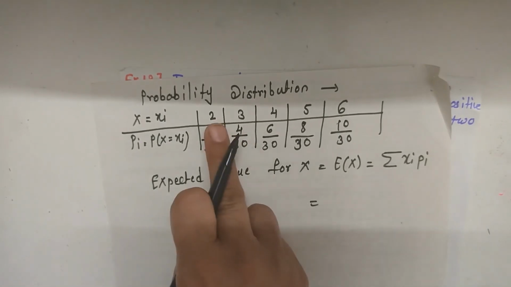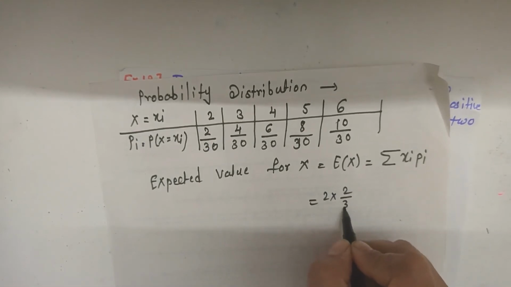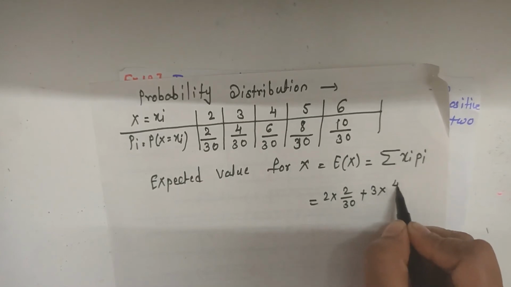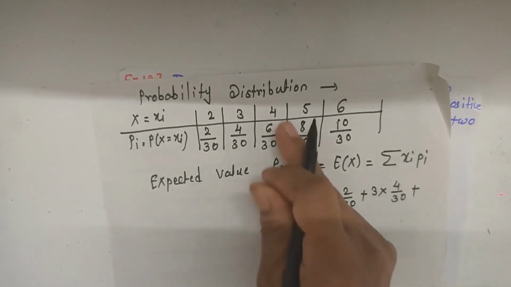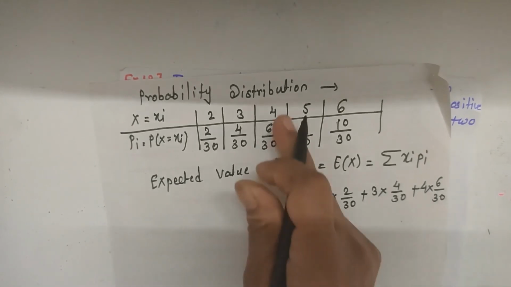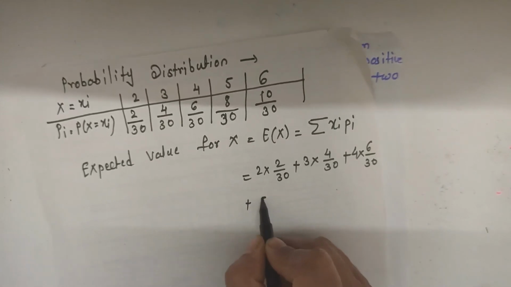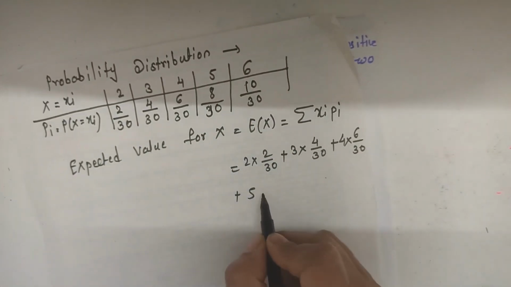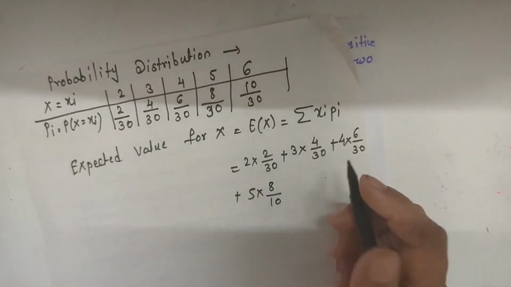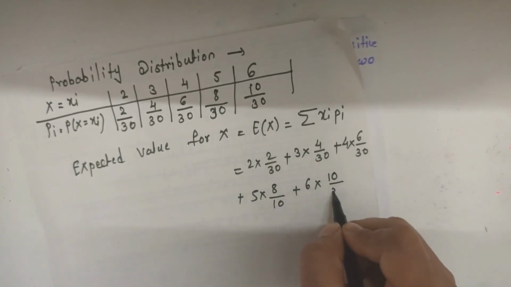So we can write the product form of xi into pi: 2 into 2 by 30 plus 3 into 4 by 30 plus 4 into 6 by 30, their corresponding probabilities, plus 5 into 8 by 30 and the last value of x, 6 into its probability 10 by 30.